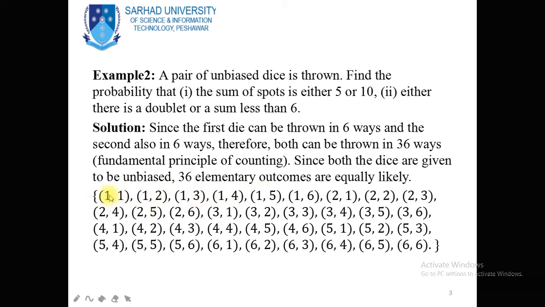So we obtain 1 1, 1 2, 1 3, 1 4, 1 5, 1 6. Then the result of the first die is fixed at 2, and the result of the second die varies. So we obtain the outcomes 2 1, 2 2, 2 3, 2 4, 2 5, and 2 6. Similarly, we have all the other outcomes.